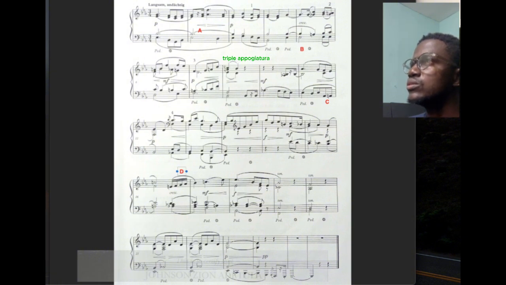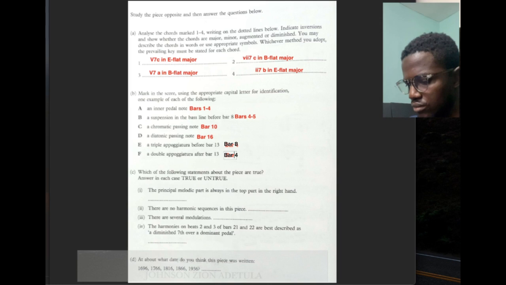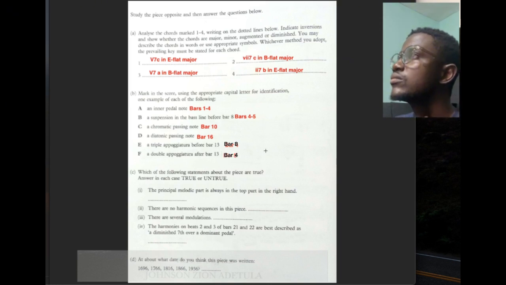Three notes, non-harmonic, resolving here to two notes. Yes, so the answer is surely before bar 13.